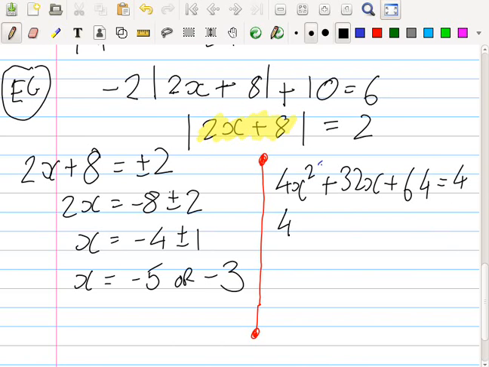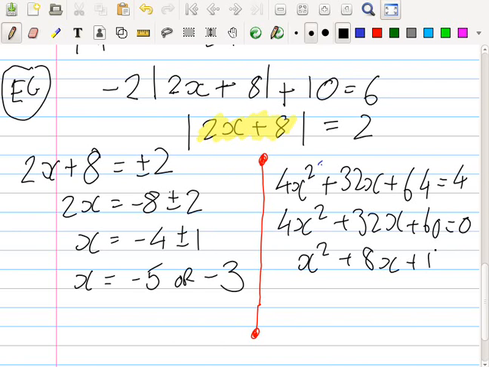So you get 4x squared plus 32x plus 60 equals 0. So you get x squared plus 8x plus 15 equals 0. So you get x equals minus 5 or minus 3 again. So you have two ways you can solve this.